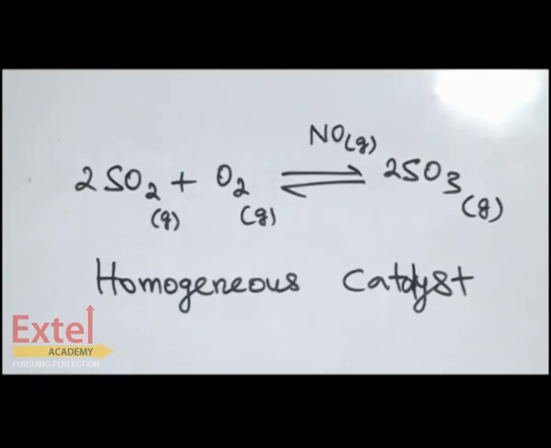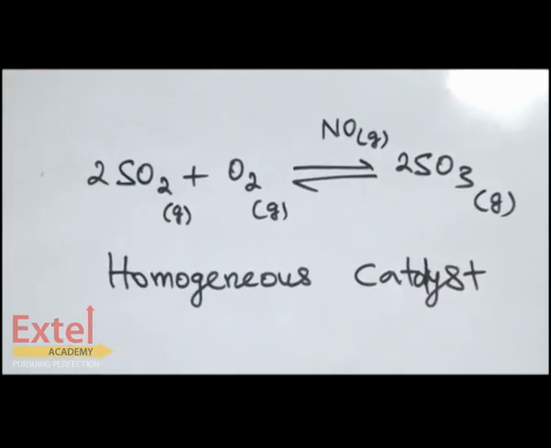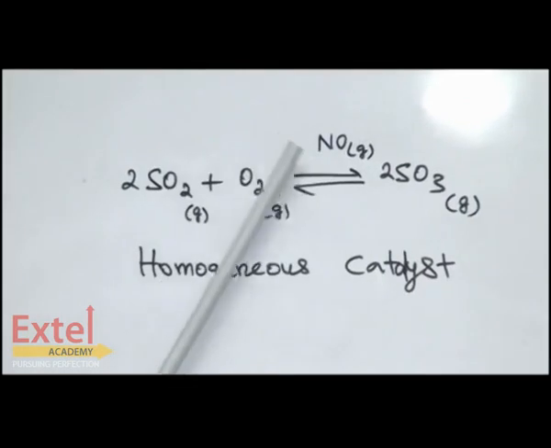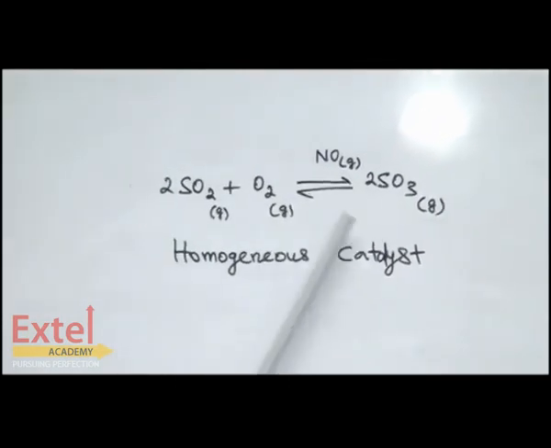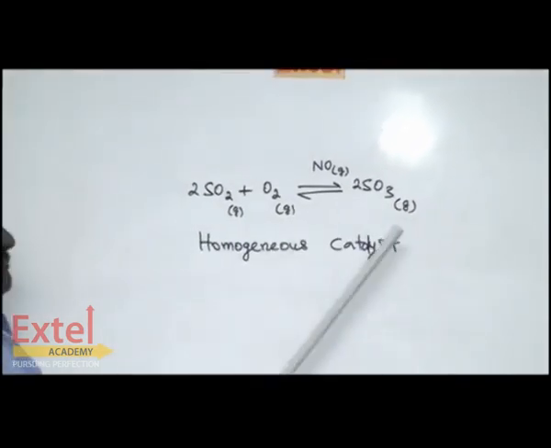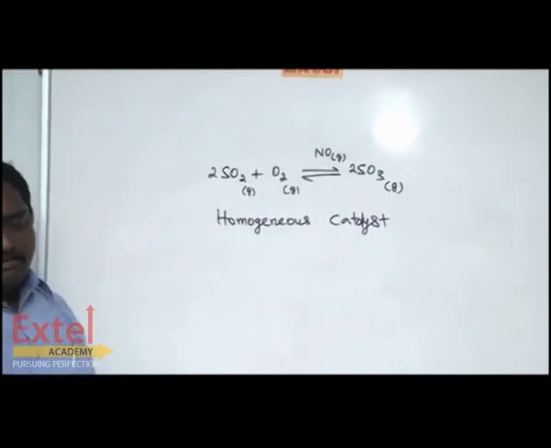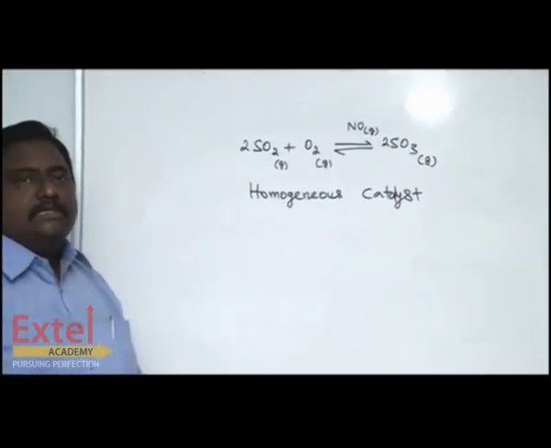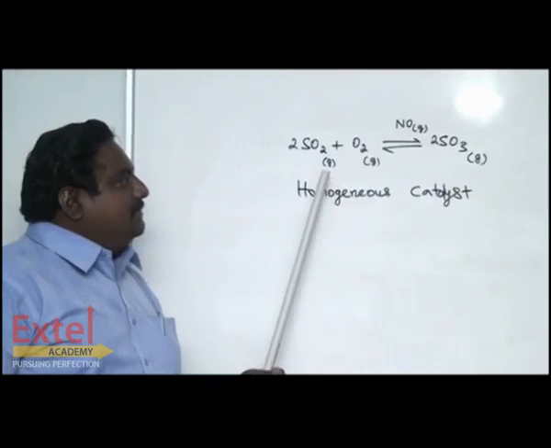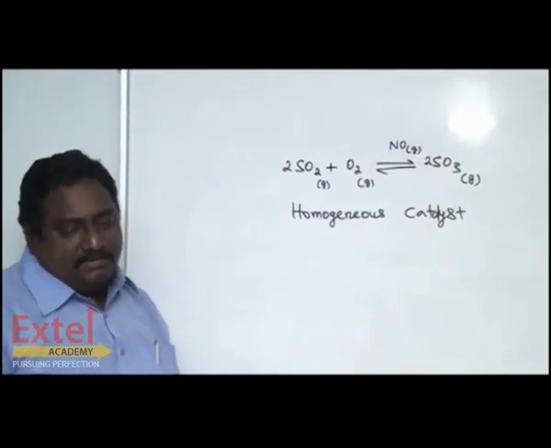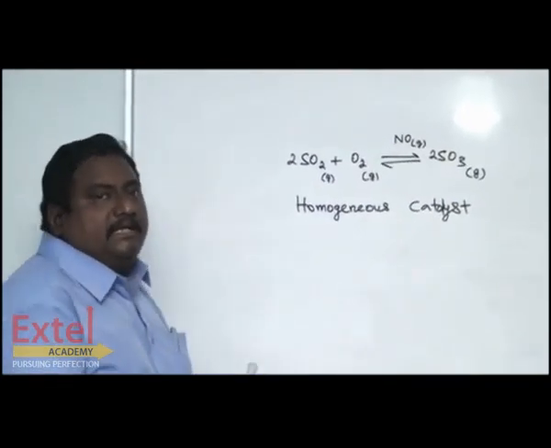In the case of a homogeneous catalyst, the catalyst is in the same state as the reactant and product. Not all of them need to be in the gaseous state. Even this may be in the liquid state.